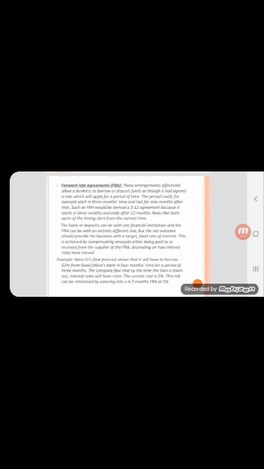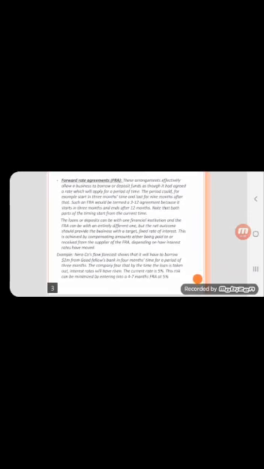The period could, for example, start in 3 months' time and last for 9 months after that. Such an FRA would be termed a 3 to 12 months agreement because it starts in 3 months and ends after 12 months. Note that both parts of the timing start from the current time.